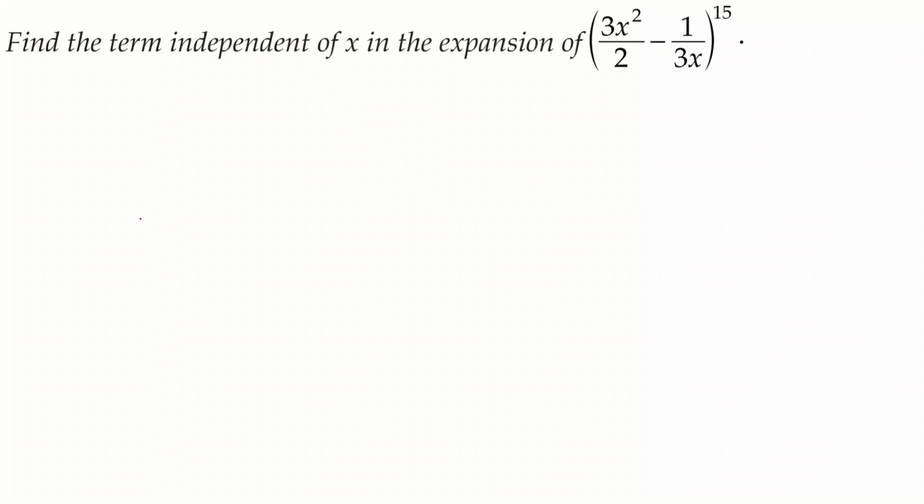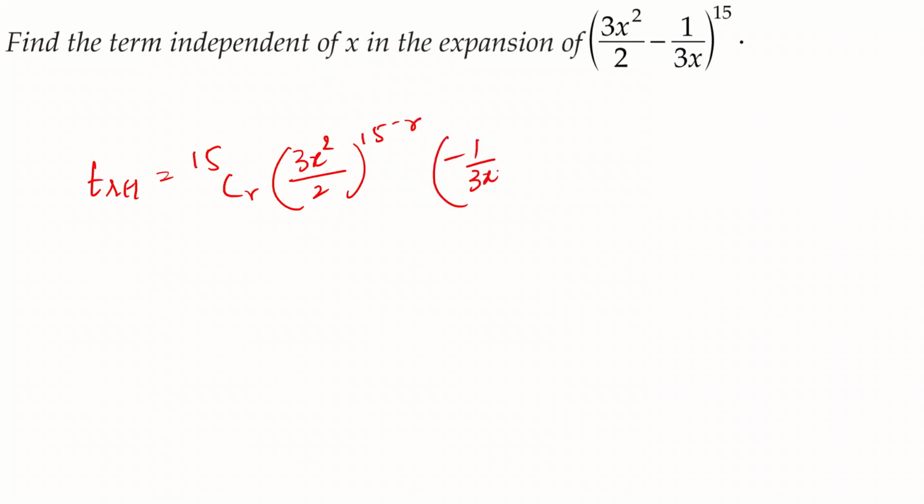So t(r+1) is equal to 15cr (3x square by 2) whole to the power of 15 minus r and (minus 1 by 3x) whole to the power of r. Okay, so let's simplify it. 15cr 3 to the power of 15 minus r. All I need to do is segregate all the other terms and segregate all the powers of x, because I have to simplify all the powers of x, because that is what I want.